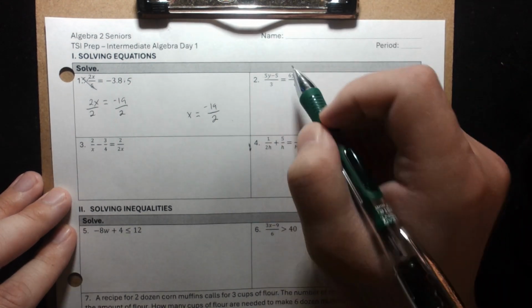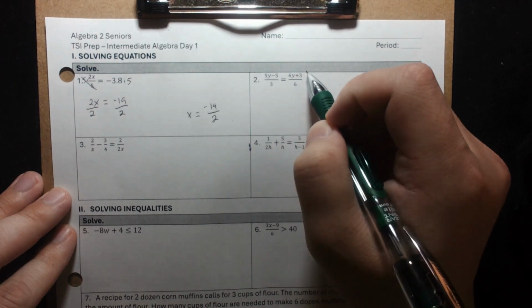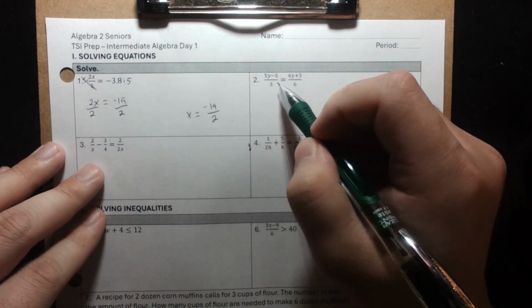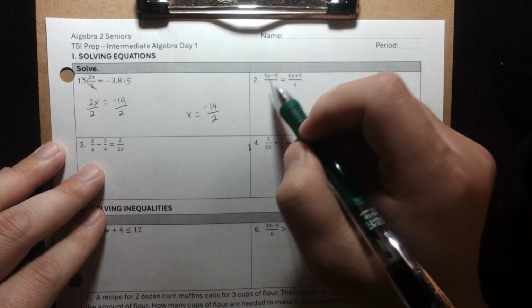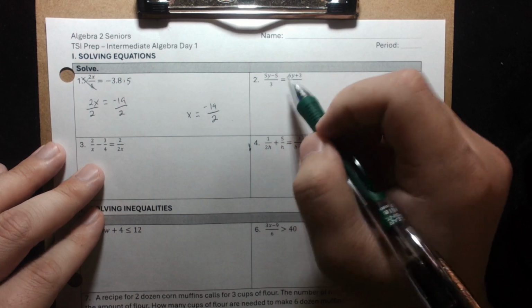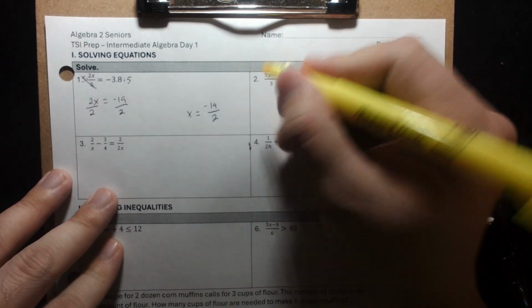Number 2, 5y minus 5 over 3 equals 6y plus 3 over 6. Now, this is where I have a proportion where two ratios are equal to each other. If I have something like this, I can go ahead and cross multiply.